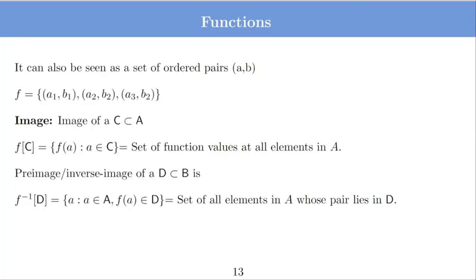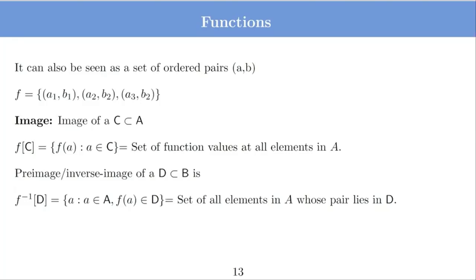D is a subset of B, and the pre-image of D is made from all elements which map to an element in D. We call it F inverse, F to the power minus 1 of D, and it is made of all elements a such that a belongs to capital A. So a needs to be an element of the domain, and the map of a, which is f(a), should be in D. So it is the set of all elements in A whose map lies in D.